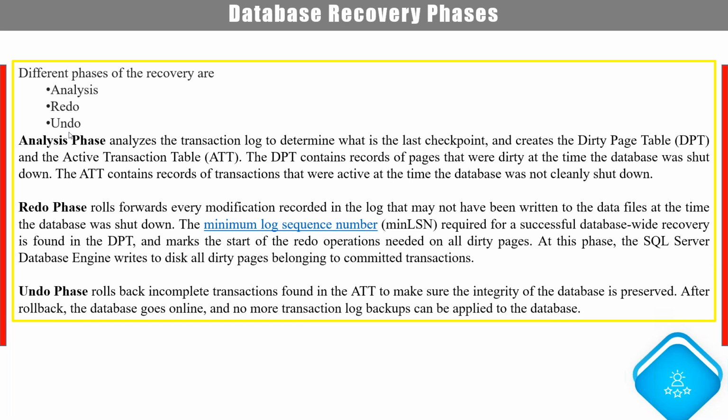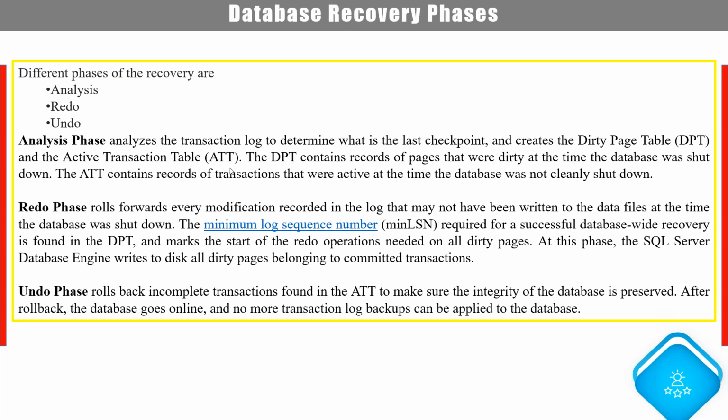Those who are listening for the first time, no worries, we have another session, I will explain clearly. Analysis phase, this is very important. In analysis, it reads the transaction log to determine the last checkpoint and creates the dirty page table and the active transaction table. It creates two tables.